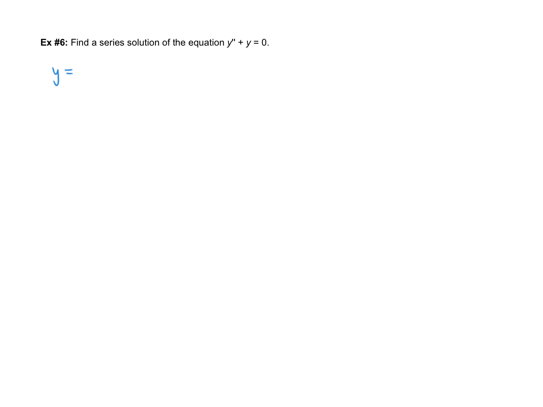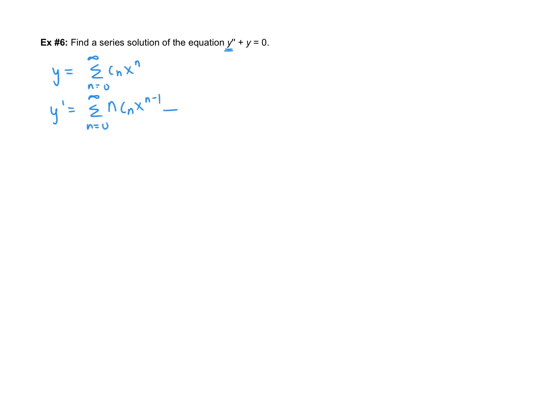Okay, so our y, like we defined before, is the sum from n equals 0 to infinity of Cn x to the n. We're going to need a second derivative, so I'm going to have to differentiate a few times. So I get the sum from n equals 0 to infinity of n Cn x to the n minus 1.